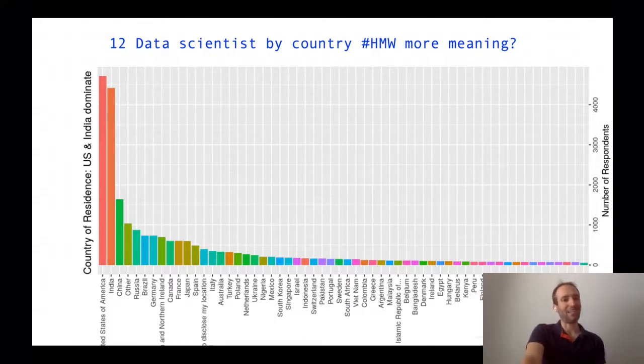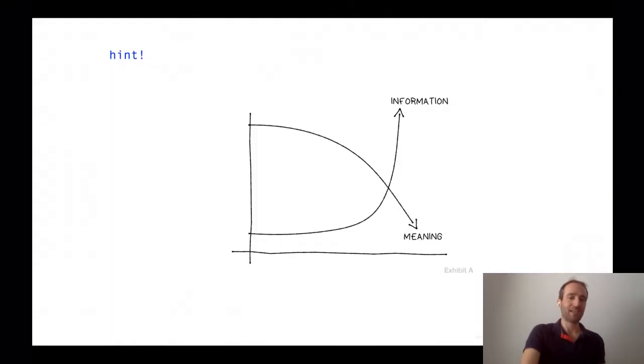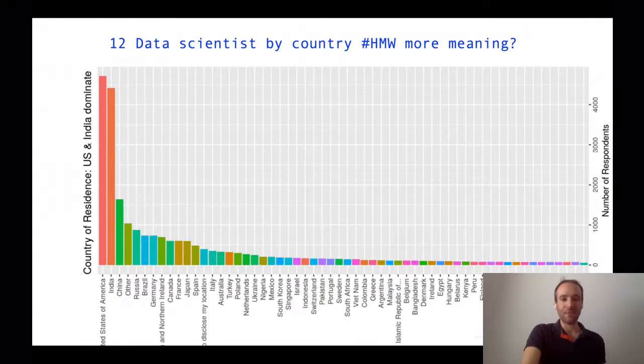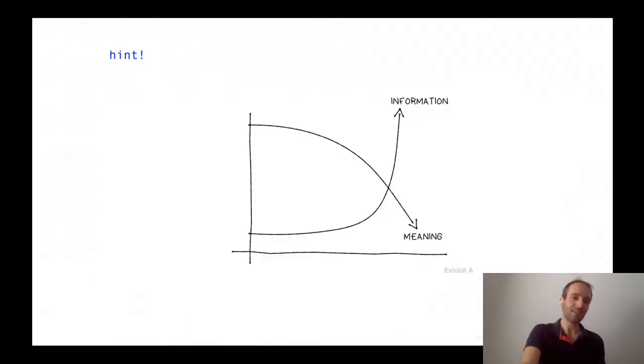Now, the question is, how may we make more meaning out of this chart? So by now, you might already know the answer. First, reduce information overload, right? So here's a hint. And then maybe we could cluster the countries, but how can we cluster the countries?